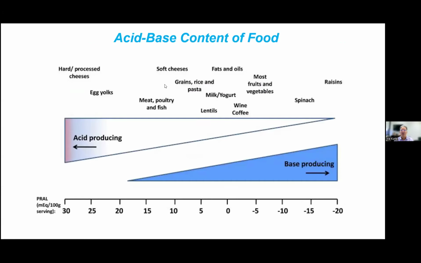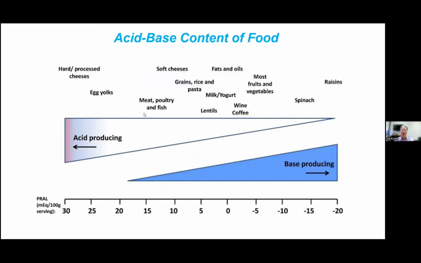And it turns out when people look at the proton producing ability of food, it depends on the type of food. If you're eating cheese and egg yolks and meat and fish all day, you're producing a lot more protons than if you're eating raisins and spinach all day. Raisins and spinach and vegetables actually produce bicarbonate. It's the opposite issue, and the kidney just has to dump the bicarbonate.